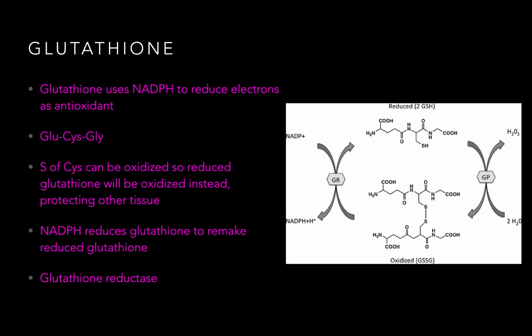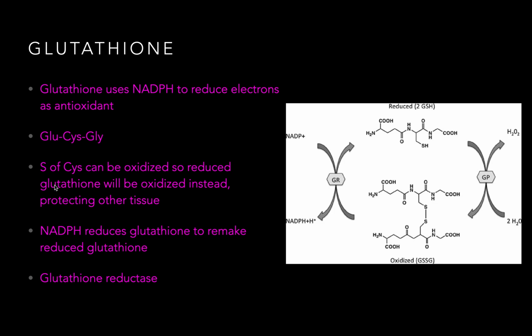Okay, so glutathione is an antioxidant. It uses NADPH to reduce the electrons, and it is made out of 3 amino acids: glutamate, cysteine, and glycine. The sulfur of the cysteine will be oxidized, so reduced glutathione will be oxidized rather than other cellular components, and it protects the other tissues in this way.